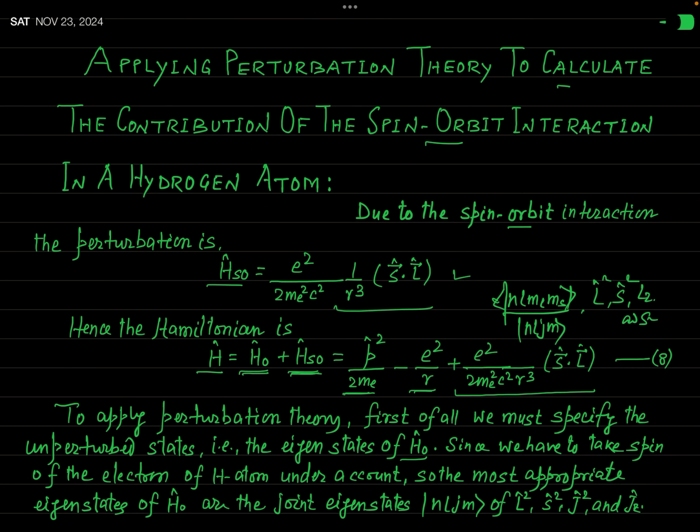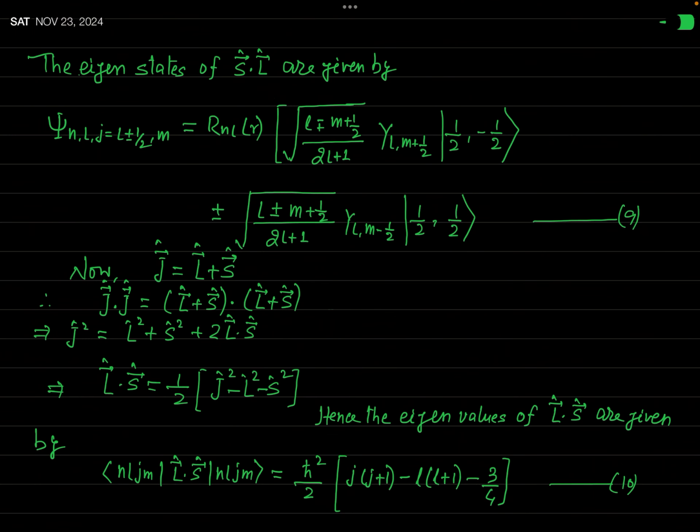So the second choice which I have mentioned here is very simple and ideal for dealing with our problem, since the first order energy correction is given simply by the expectation value of the perturbation HSO. Therefore you can write the eigenstates and the eigenvalues for this state.